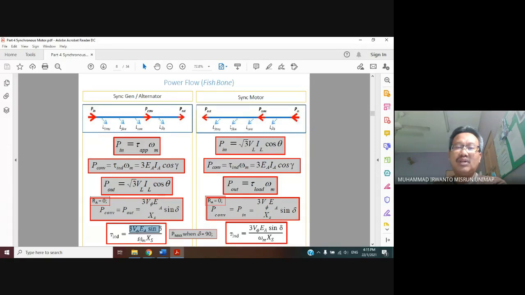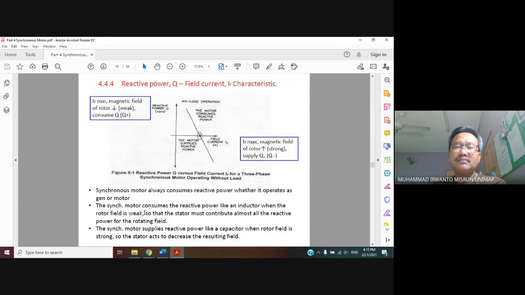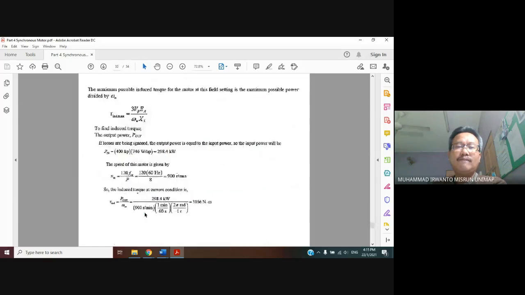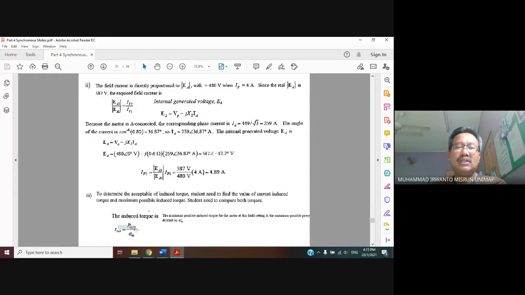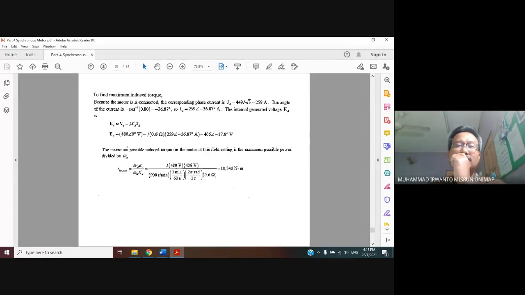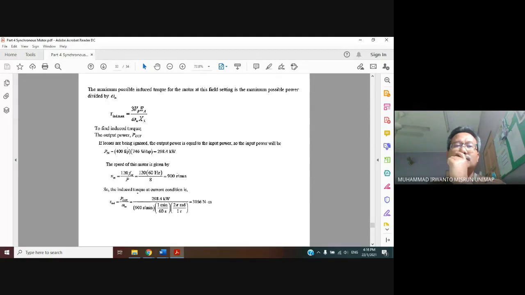We can find omega m from the speed, by converting RPM to radian per second. This is omega in radian per second, so we can calculate it. This is the formula.